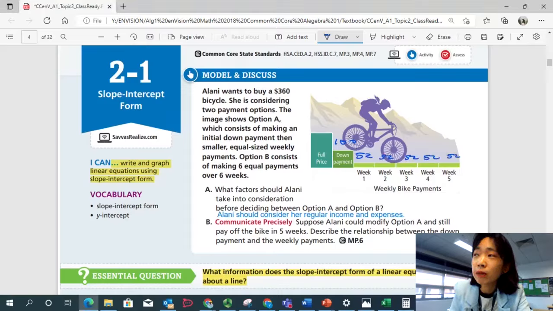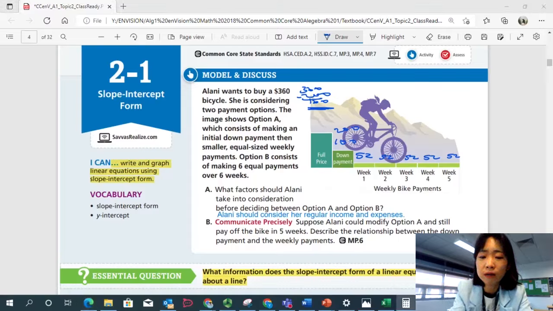What happens if your down payment goes up? If she pays more money, if she pays $200, then she would need to pay $160 over the next 5 weeks, right? So if you divide 160 into 5, you get 32. So every week she's only going to pay $32 each.